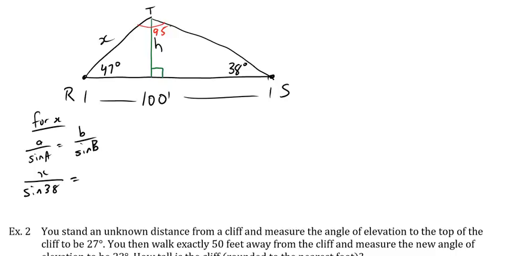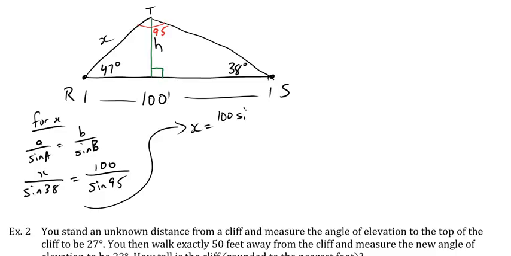Now that I have that angle, I've got an angle and a side length across from them. Is that true? So my side length is 100. My angle is 95. And I ran out of space. X equals 100. Go ahead and solve that, please. We're going to use this in the next step.